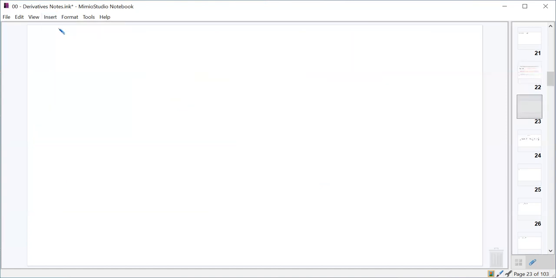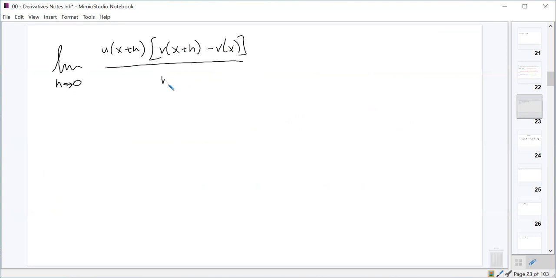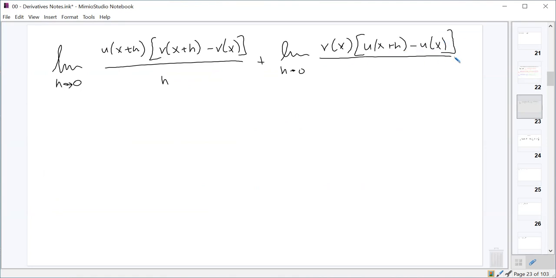That will turn this into a limit as h approaches 0 of u of x plus h times v of x plus h minus v of x all over h, plus a limit as h approaches 0 of v of x times u of x plus h minus u of x all over h.